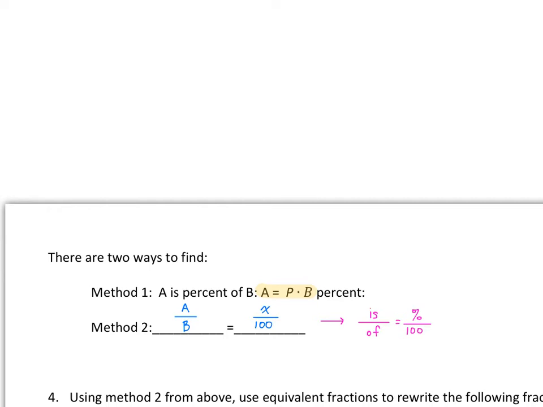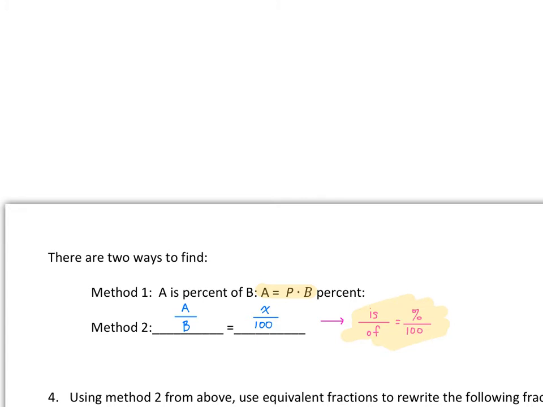We typically see it written with method 2, where we have A over B is equal to x, which is the percent, over 100. I like to think about it as is over of equals the percent over 100. Just setting up that equivalent proportion there, and it's much easier to identify pieces.